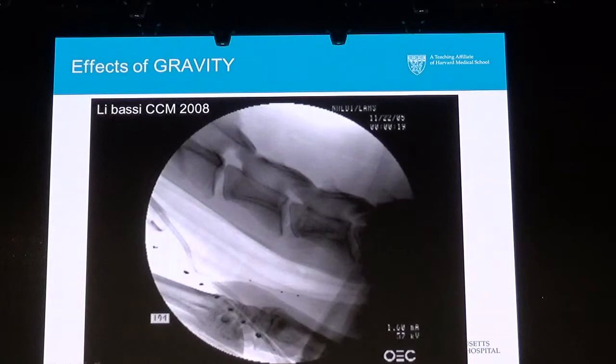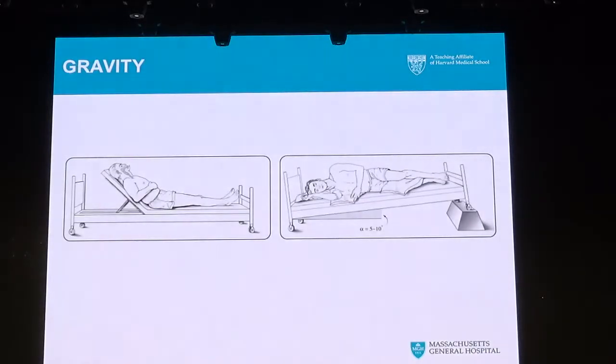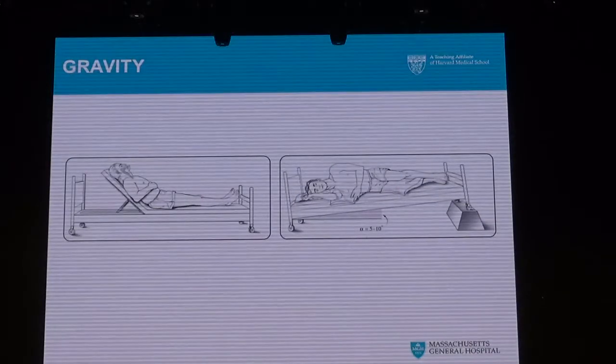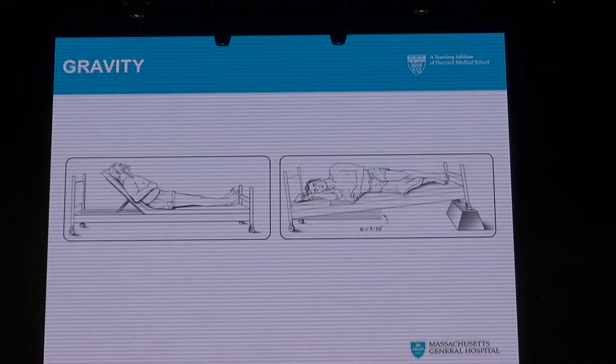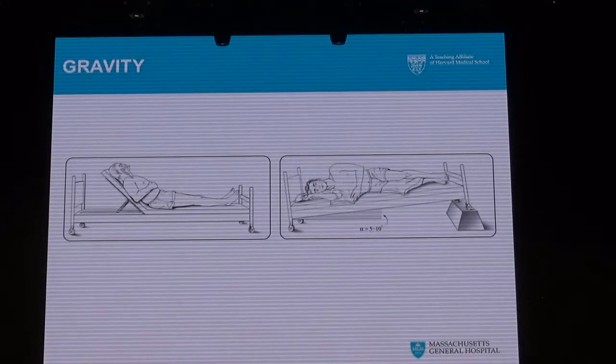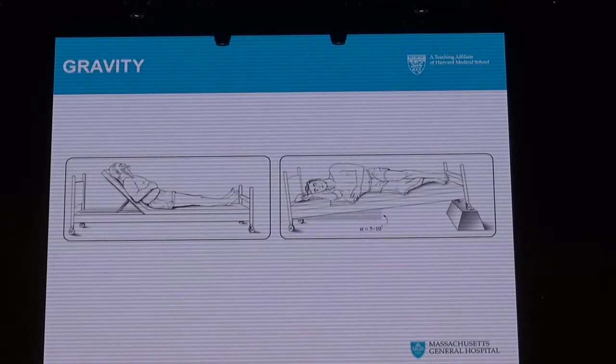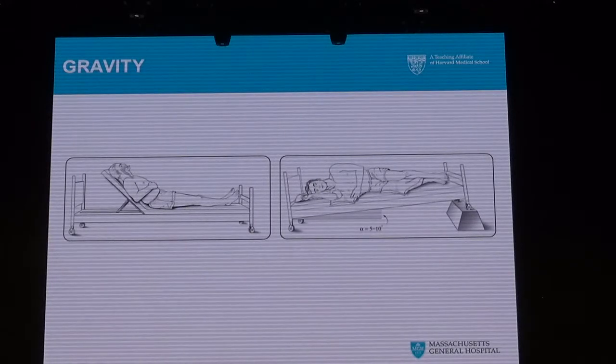So we investigated whether positioning can help patients in terms of clearing secretions. This was used a long time ago, like 100 years ago, for cystic fibrosis patients, especially in the pediatric population. The position is the lateral decubitus position, which is a prevention in non-intubated patients in terms of clearing secretions.